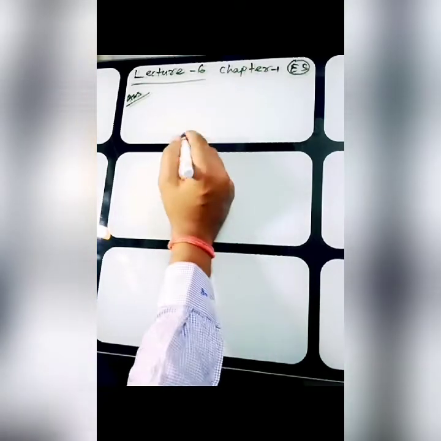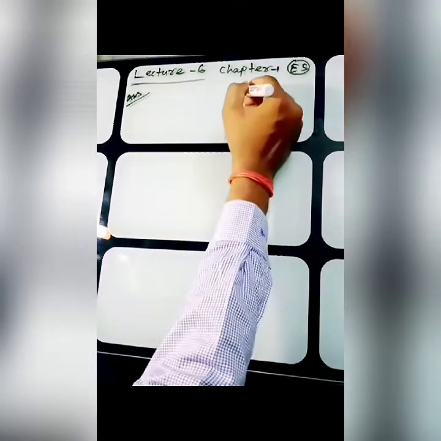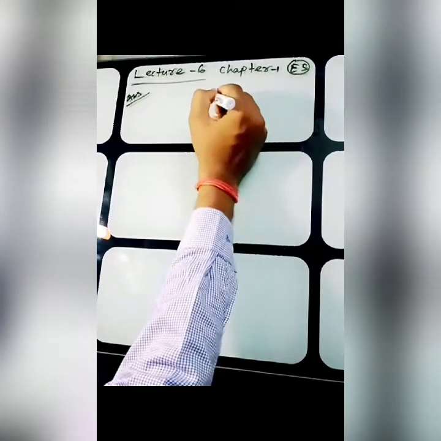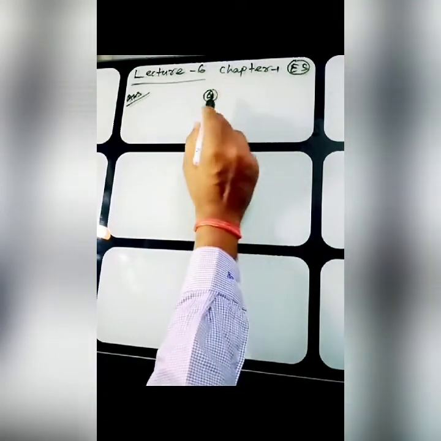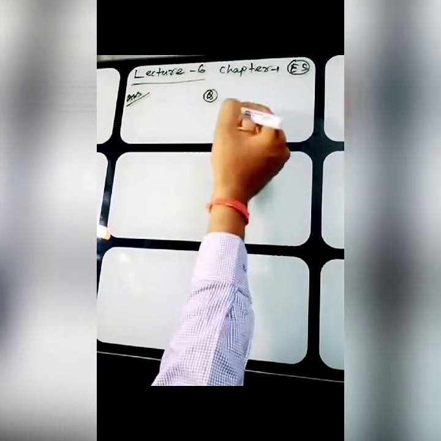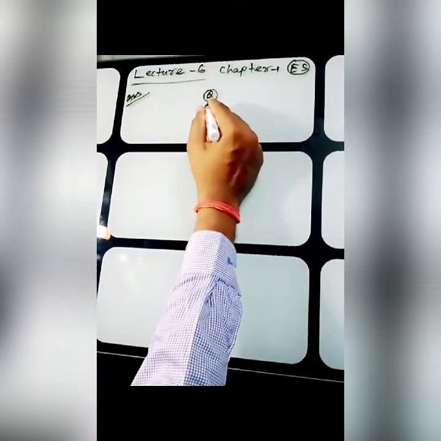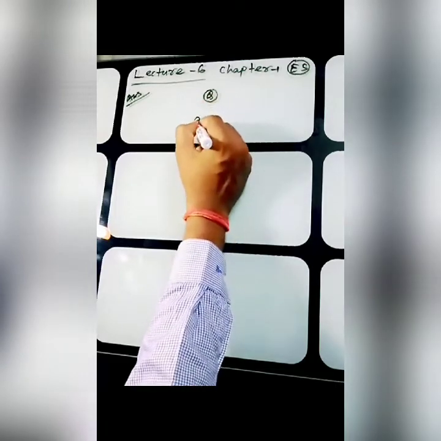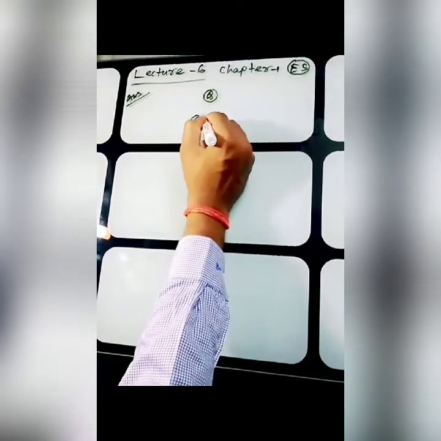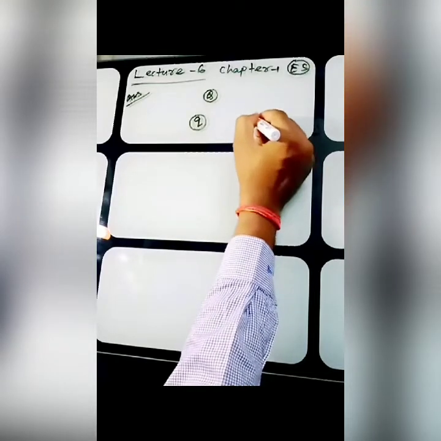Suppose you have a charge Q. The question asks you to divide this charge Q into two parts: one is q and the other is Q minus q.